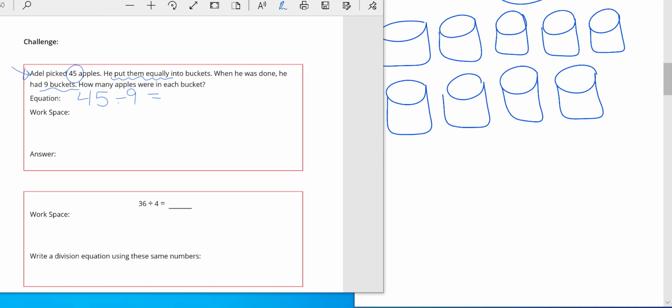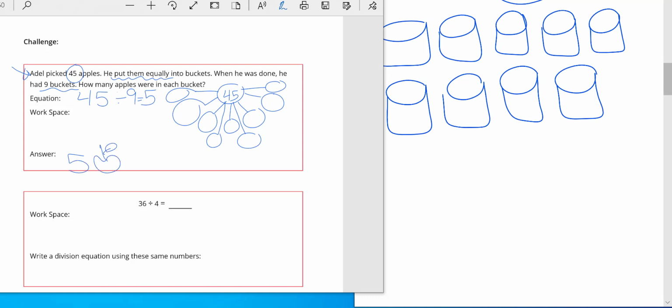So we can use part-whole: draw 9 parts and write 45 here. Now what times 9 equals 45? By using multiplication, it equals 5. The answer is 5 apples in each bucket.